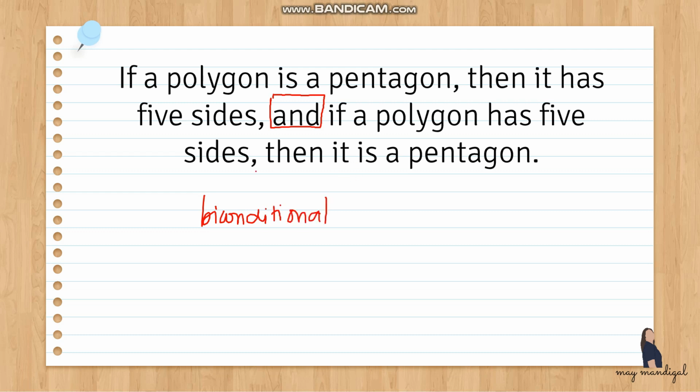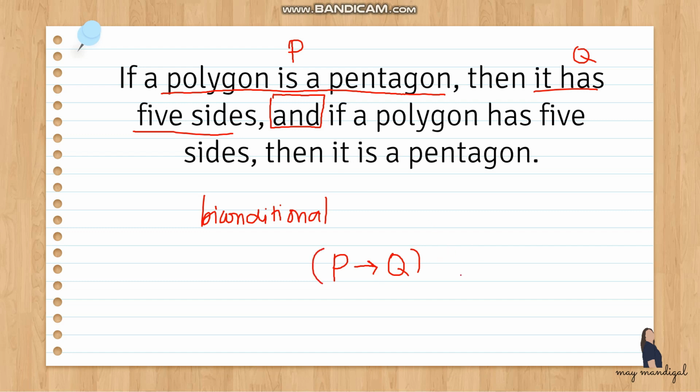Now, how are we going to write this into its propositional form or in symbols? So let's assign letters for our simple propositions. So we have here a polygon is a pentagon. So let's write P for that. Then it has 5 sides, or polygon has 5 sides, can be our Q. So if you will write it into symbols, if a polygon is a pentagon, so you have P, then, let's use the symbol for implication, then it has 5 sides, then Q. Close it in a parenthesis.